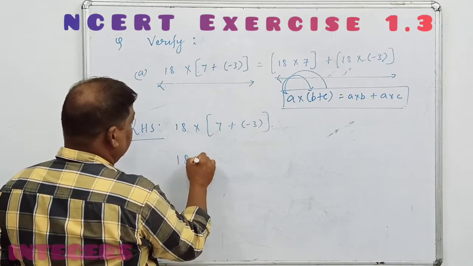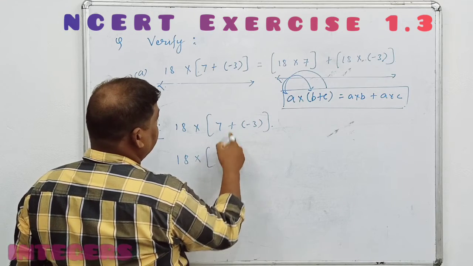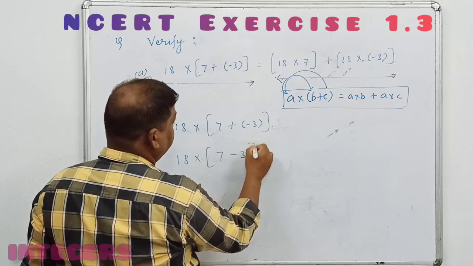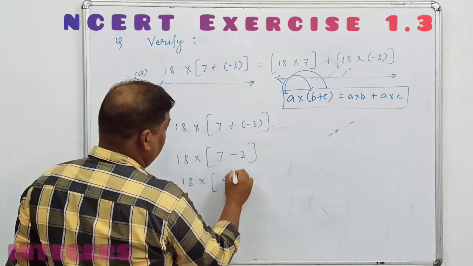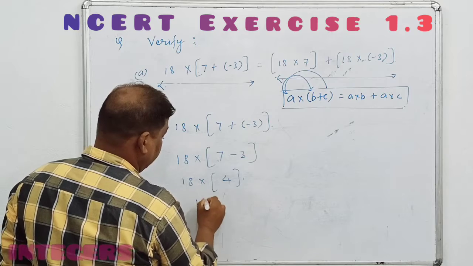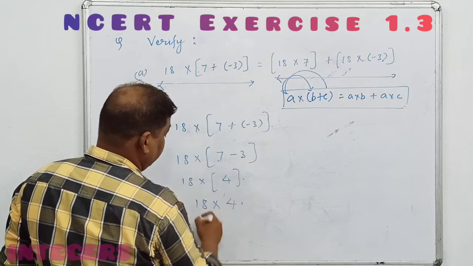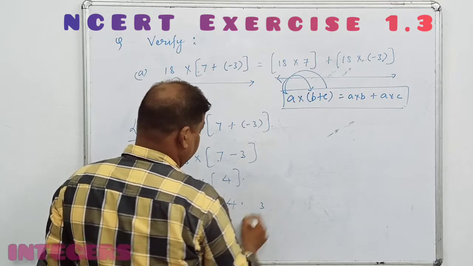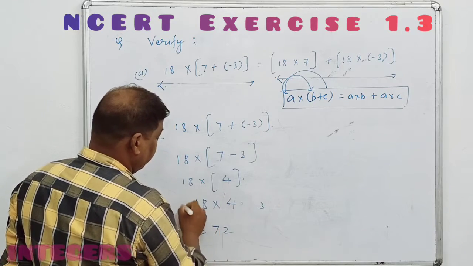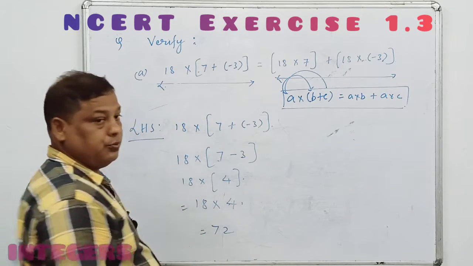Within the bracket, 7 plus minus 3 means 4. So you have to multiply 18 into 4. 4 eights are 32, write 2 and carry 3; 4 ones are 4 plus 3 is 7. So 18 into 4 is 72.